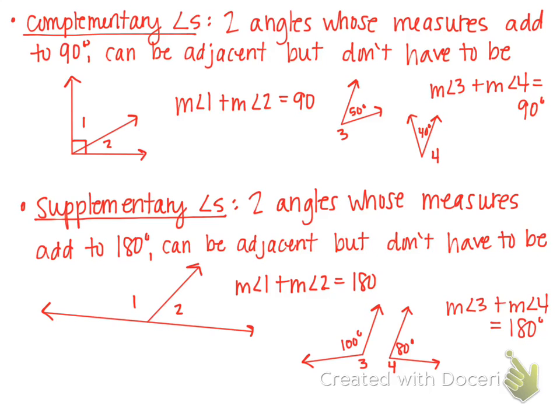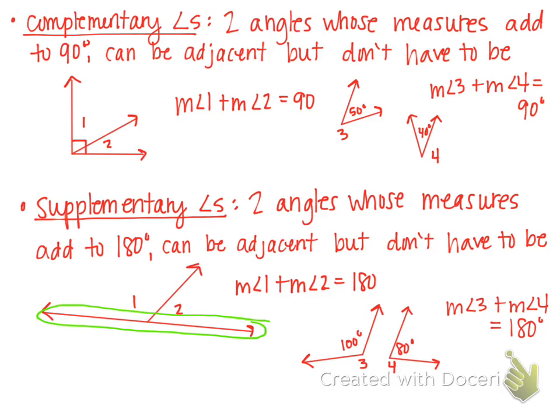Now supplementary, we have two angles whose measures add to 180 degrees. Now these can be adjacent, but they don't have to be, much like complementary. So I've got a first set that is adjacent. So angle 1 and angle 2 are 180 degrees. And the reason why you know that is this bottom line down here, it's straight.